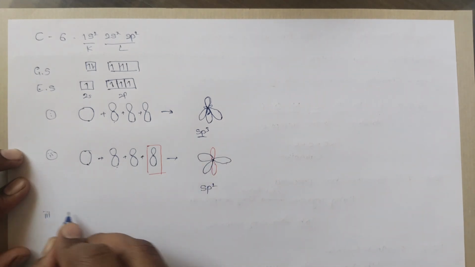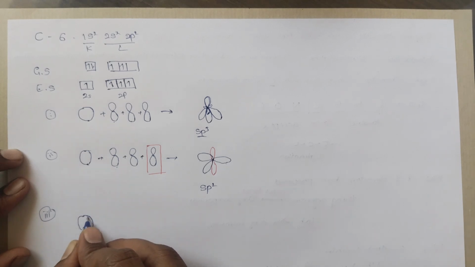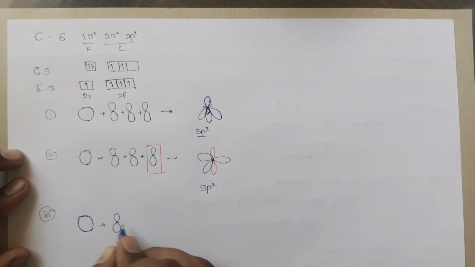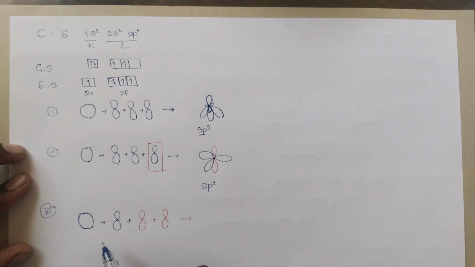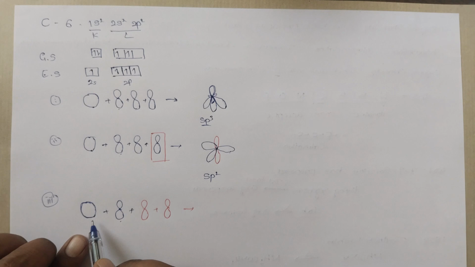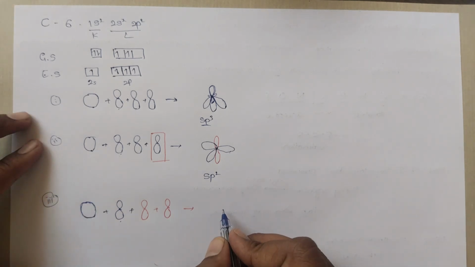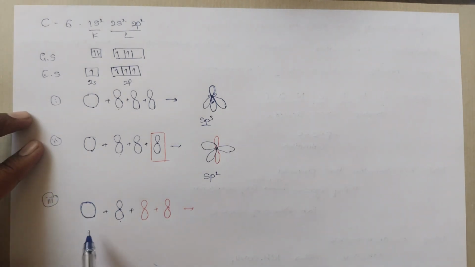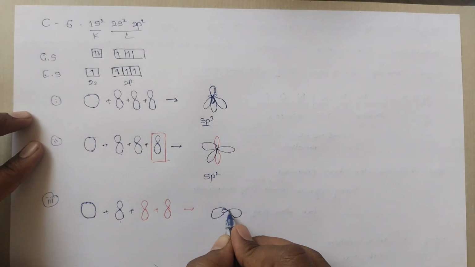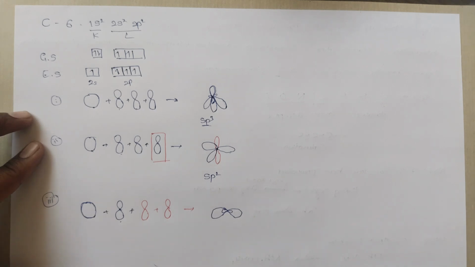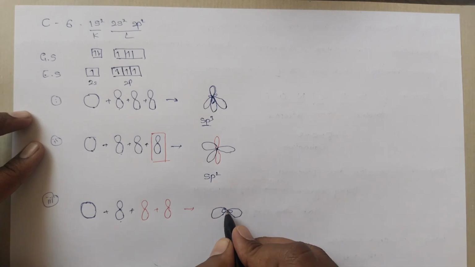Similarly, s orbital plus 1p, so here in this case only 1p orbital is involved in the hybridization. Means 1s and 1p are involved to give how many hybridized orbitals. Here we are combining 2 orbitals, so here also we are going to get 2 hybridized orbitals. Means how many unhybridized p orbitals are there? There are 2 unhybridized p orbitals.